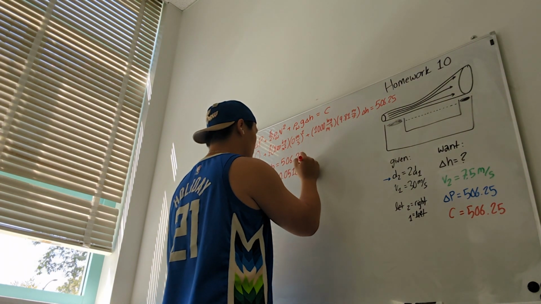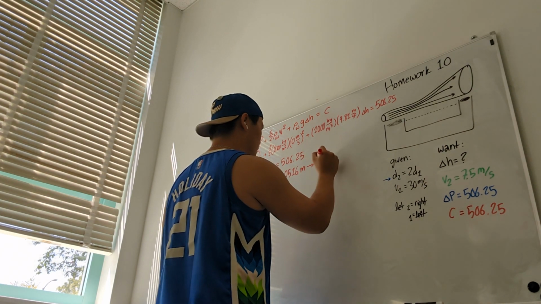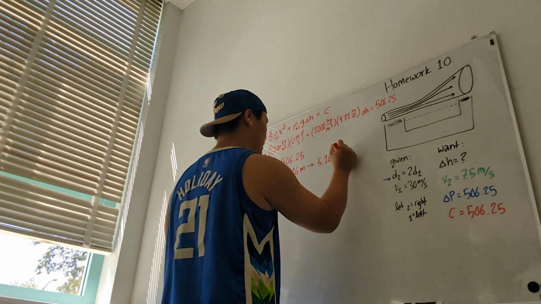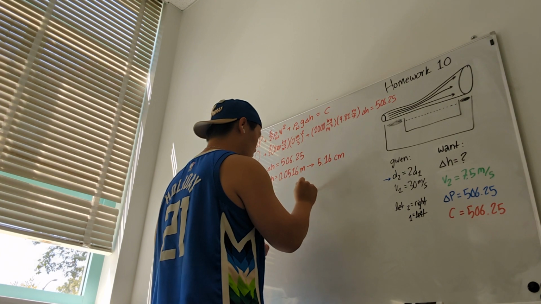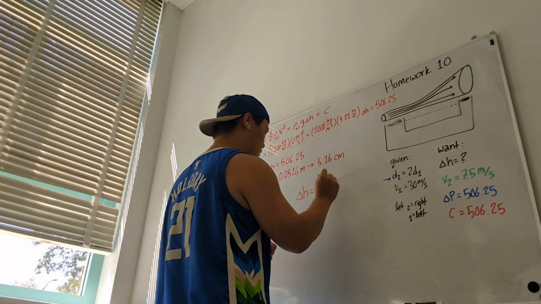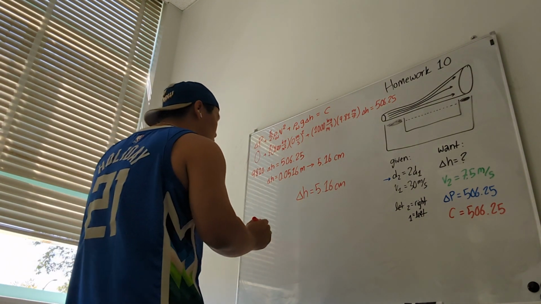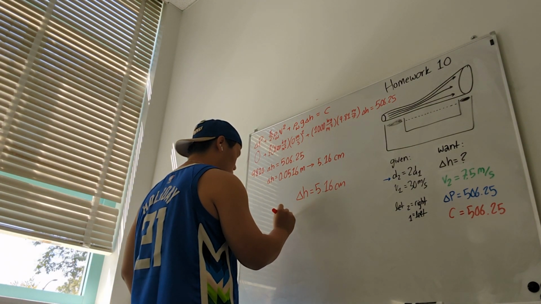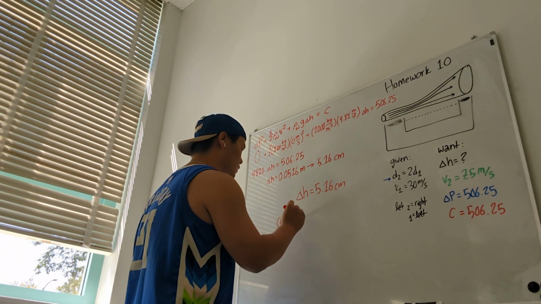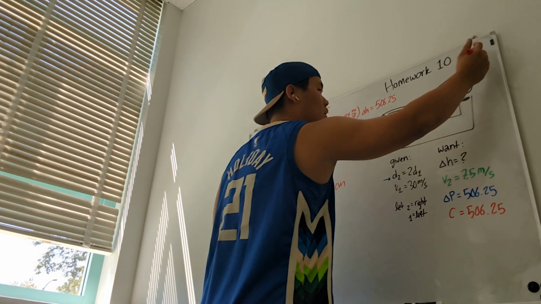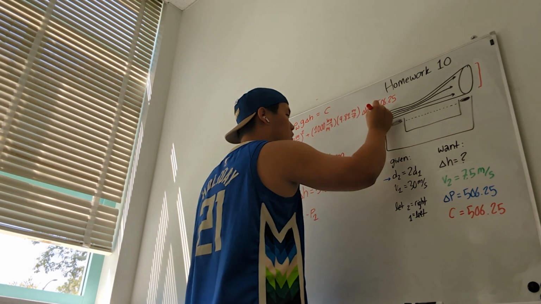That leaves us with a delta H of 0.0516 meters, which we can convert by multiplying by 100 to 5.16 centimeters. So our delta H is 5.16 centimeters, but what does that mean geometrically? Well, recall, initially when we calculated change in pressure, we used P2, this side, minus P1, this side.